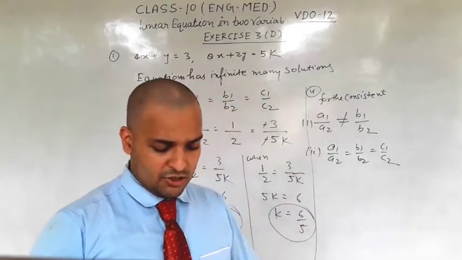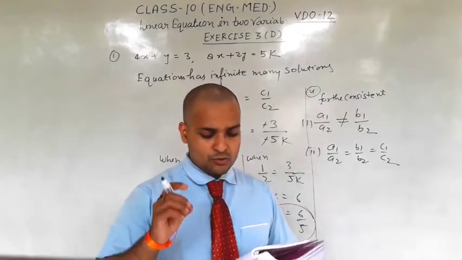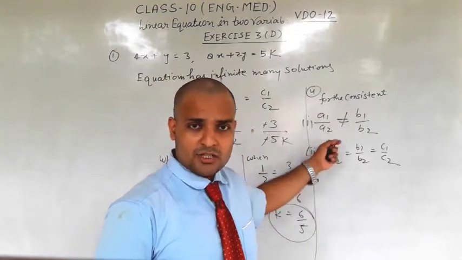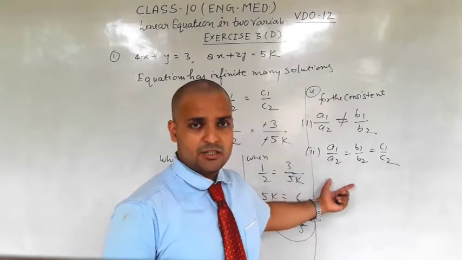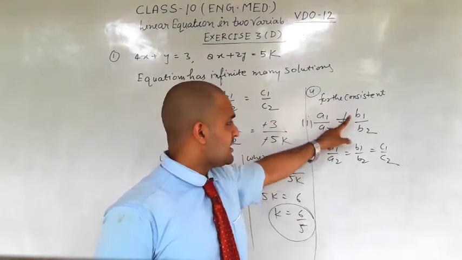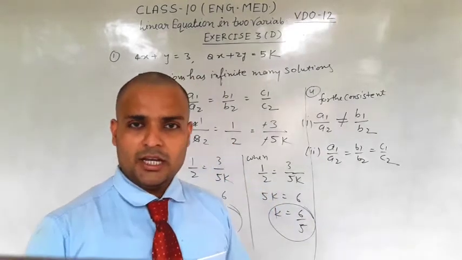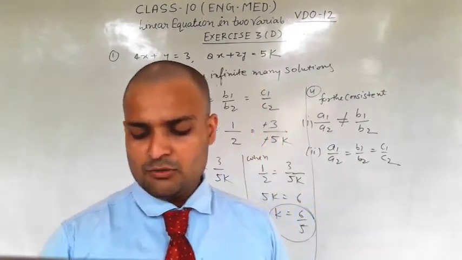So in question number 4 we find two values of k, first from here and second from here. Put the values of a1, a2, b1, b2, c1, c2. Here the answer will be not equal to, and here the answer will be equal to. If you have any problem then you can ask me.